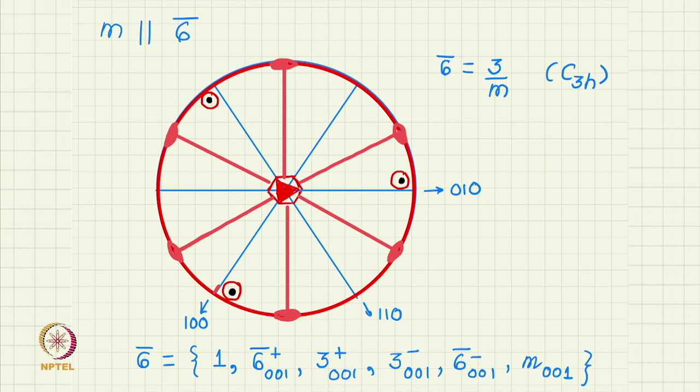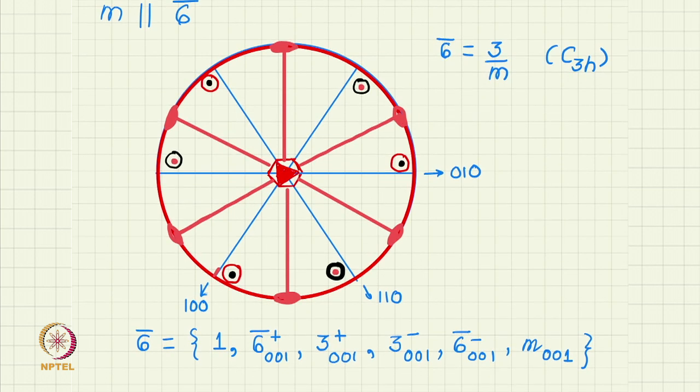A mirror will reflect the black open circle there into a red open circle there, into a black open circle here, and then you will have another black open circle there, another black open circle there, and correspondingly the black dots will reflect into red dots inside these. So, now the group is complete.